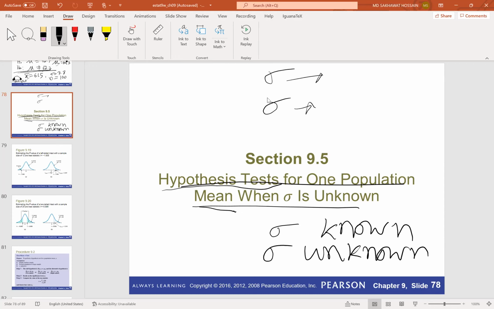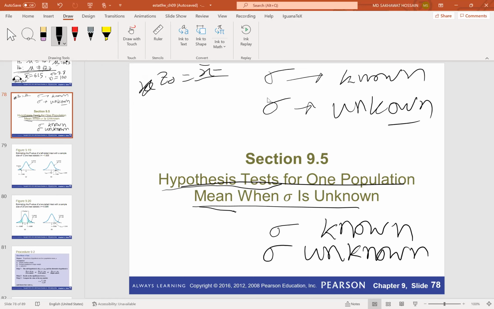When it is unknown, we do not know the value of sigma. So in this case, the test statistic was x bar minus mu 0 over sigma over square root of n. Now the question is, can we use the same formula to calculate the test statistic when sigma is unknown?